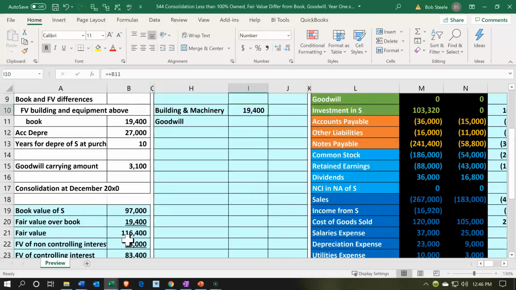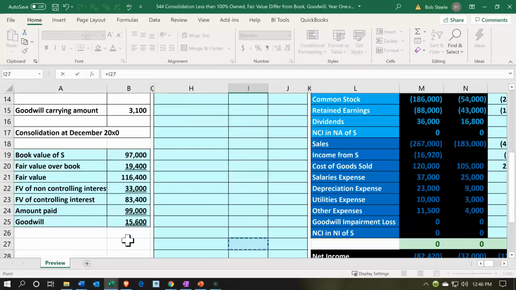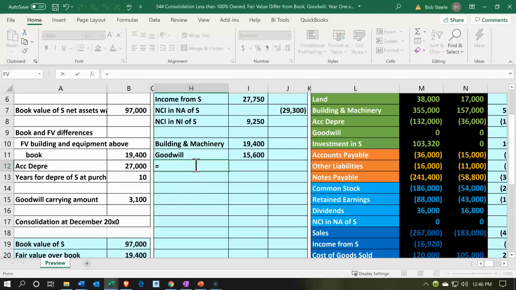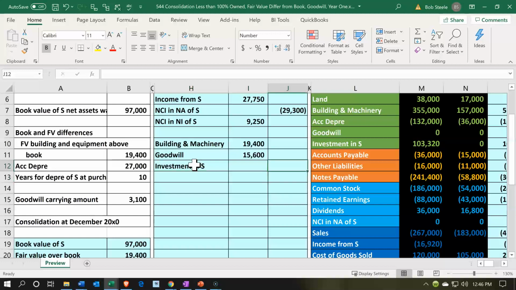So that's going to be for originally 15. That's what it went on the books for. That's what we need to be on the books to match out to the purchase price. But then we're going to have to decline it in value to bring it back down to the impairment, because it got impaired somehow to that amount. And then the other side is going to go into the investment, but only our portion, so 75%.